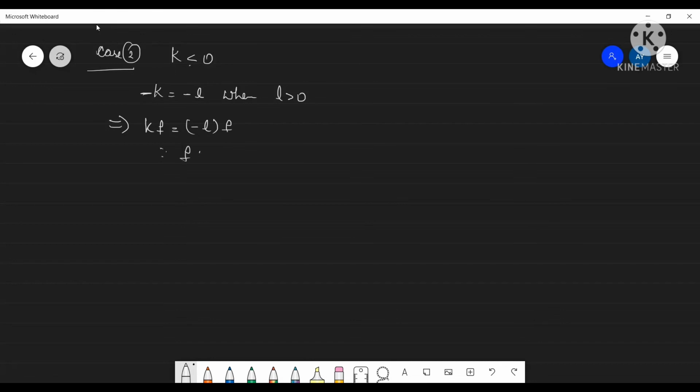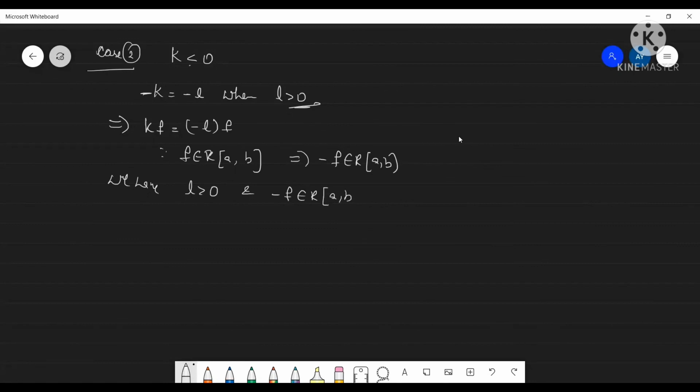Since f belongs to R over a, b, this implies minus f also belongs to R over a, b. That is, if f is Riemann integrable, minus f is also Riemann integrable. We have L greater than 0 and minus f belongs to R over a, b.